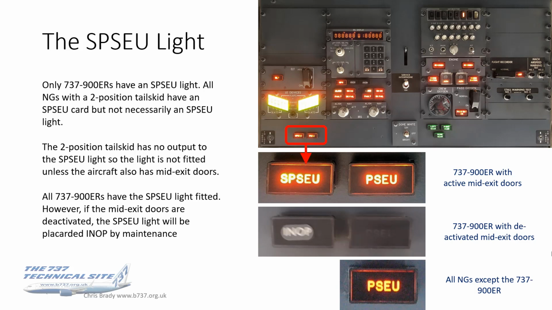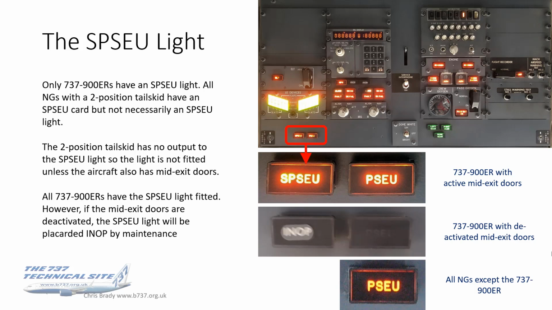The two-position tailskid has got no output to the SPSEU light, so the light isn't fitted unless, of course, the aircraft's got mid-exit doors. So all 737-900ERs have got the SPSEU light fitted. However, if the mid-exit doors are deactivated, the light will be placarded inoperative by maintenance.